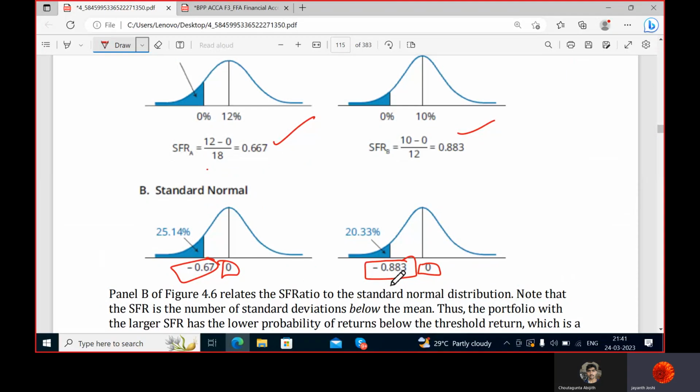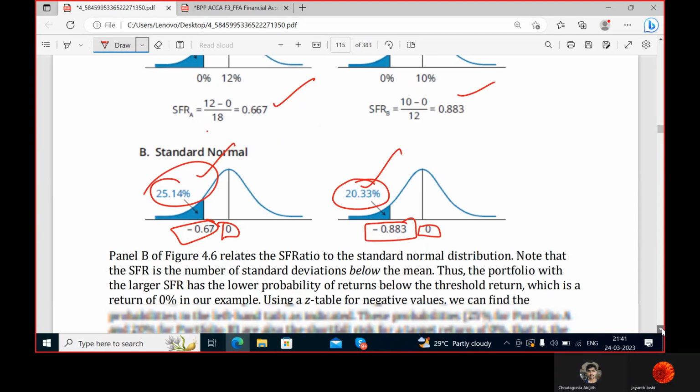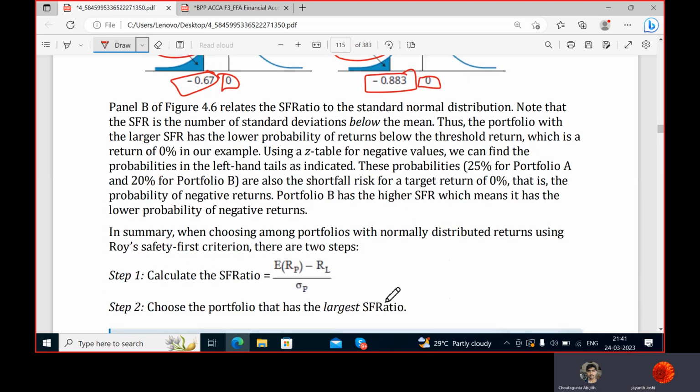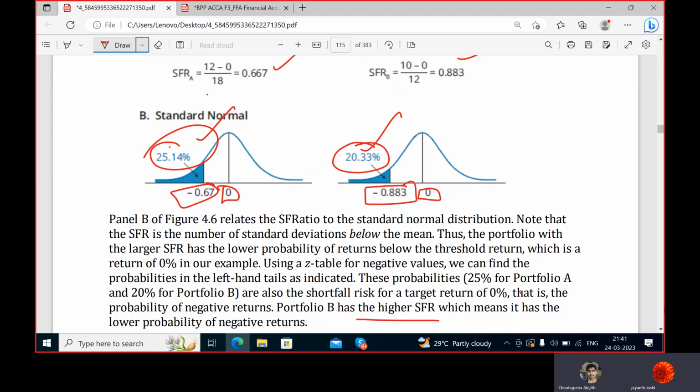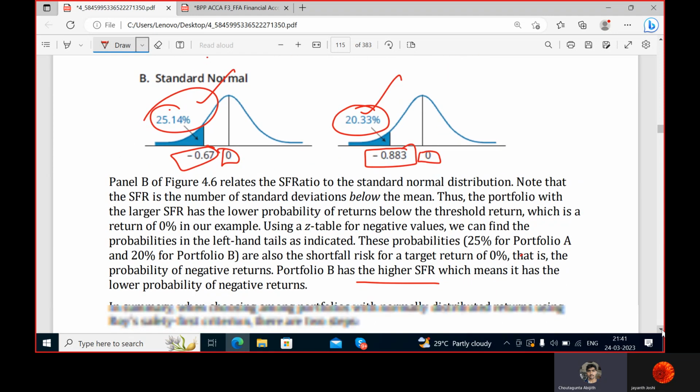Okay, for this 0.88, so 20.33, and you see the probability here is more than this, correct? Yes. So portfolio B has higher SFR, which means it has lower probability of negative returns, correct?